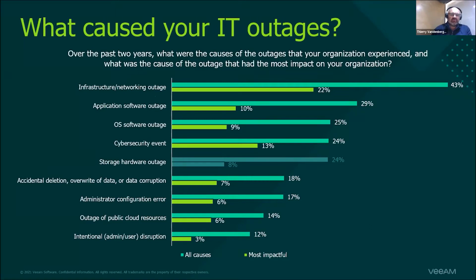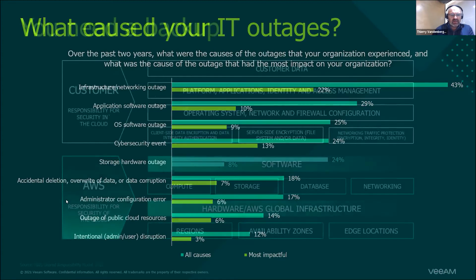So the redundancy that AWS offers you will not solve all data loss scenarios, and that's what this chart shows you, in fact.